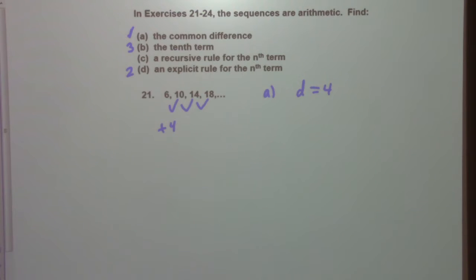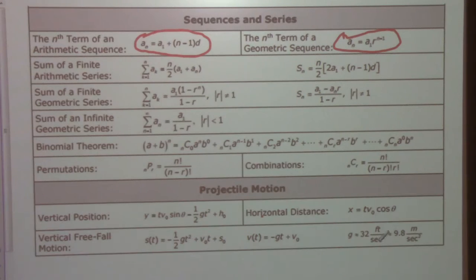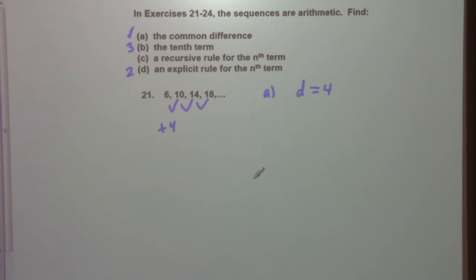Now for part D, what we're going to do is go to our formula chart here, and we have this nth term of an arithmetic sequence formula, and we talked about that before, didn't we? Yeah. So now we use that formula, and this is going to be part D. We have a sub n is equal to a sub 1, and what is a sub 1? 6.